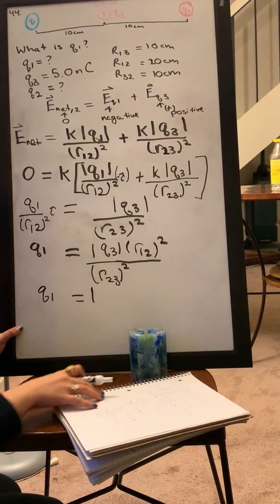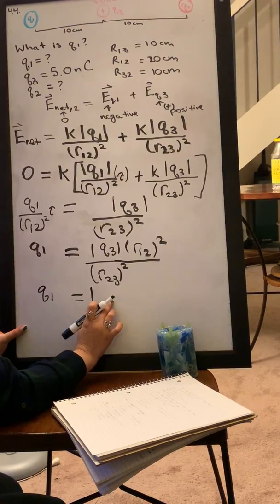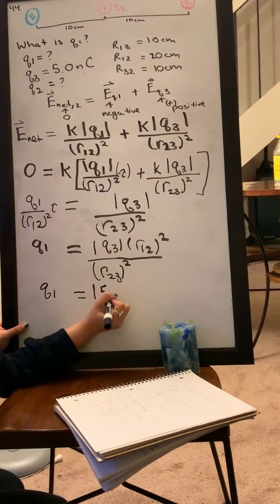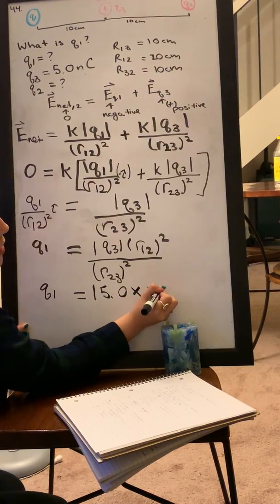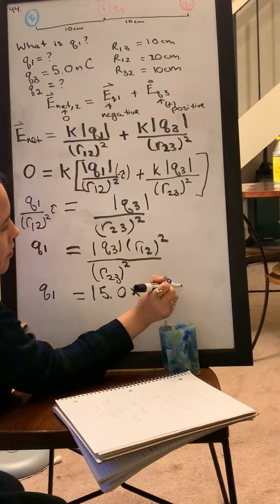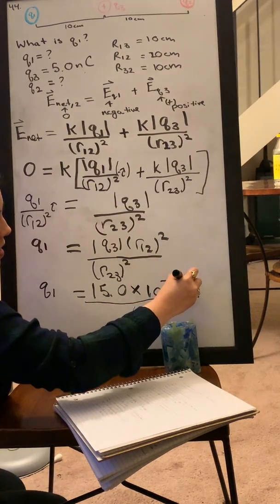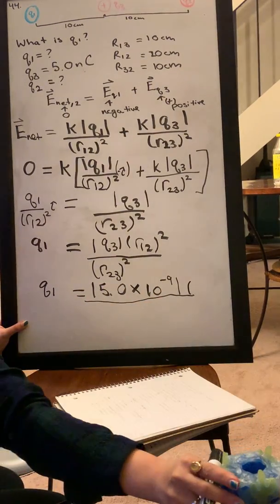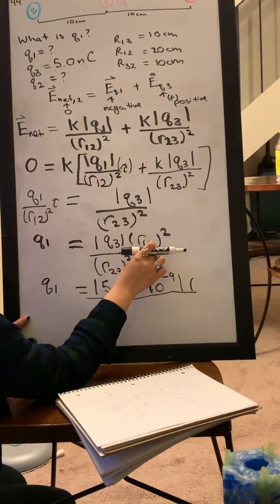So that'll be 5.0, and since it's nanocoulombs, we multiply that by 10 to the negative 9, times R12 squared.